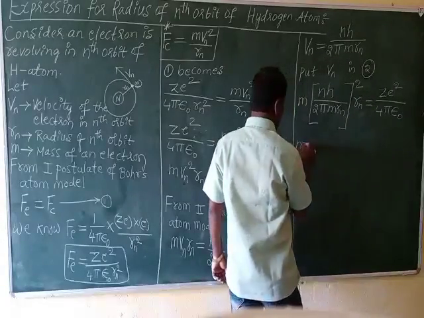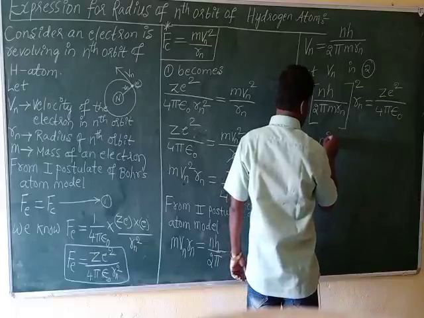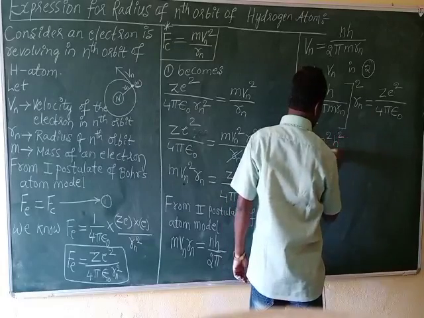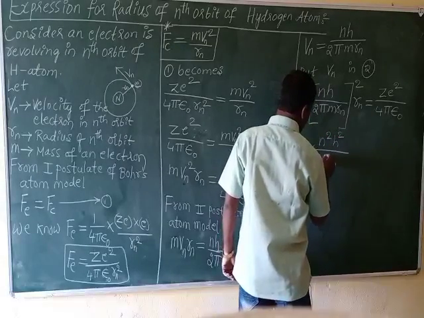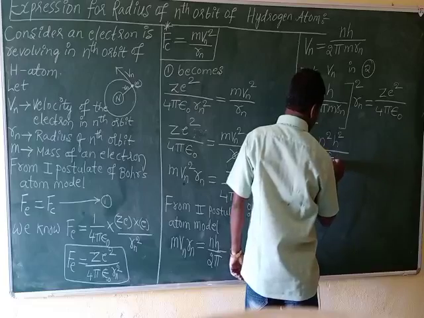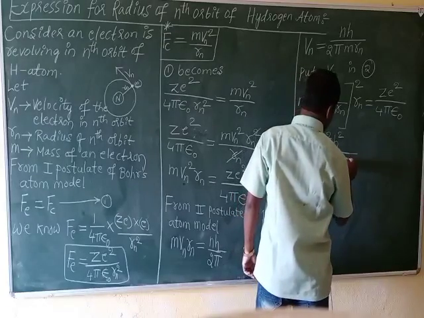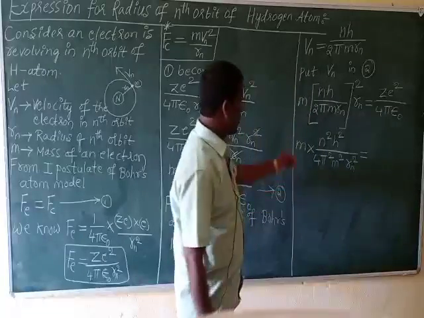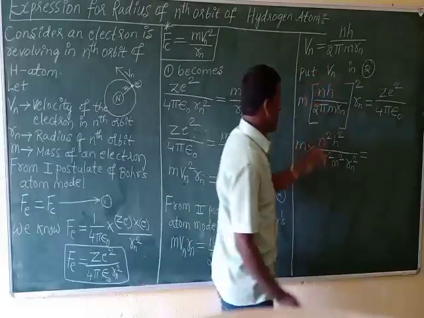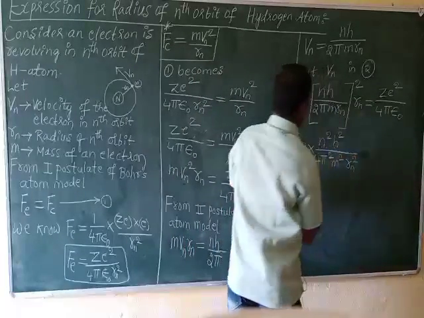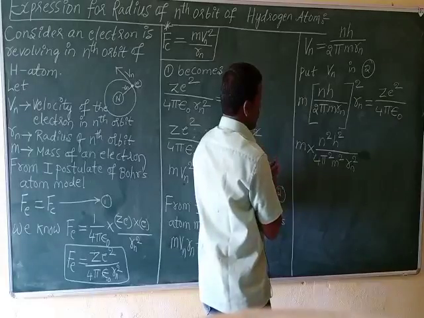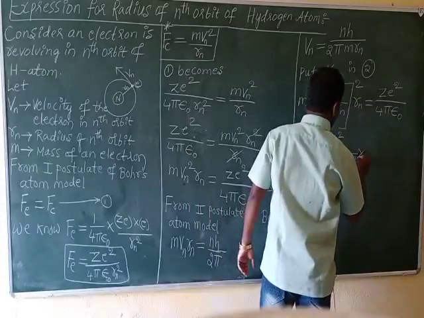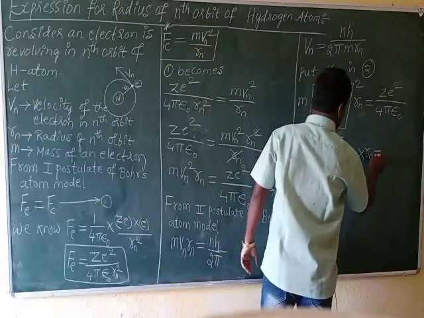Right? m into n square h square divided by 4 pi square m square Rn square into Rn equals Z e square by 4 pi epsilon.